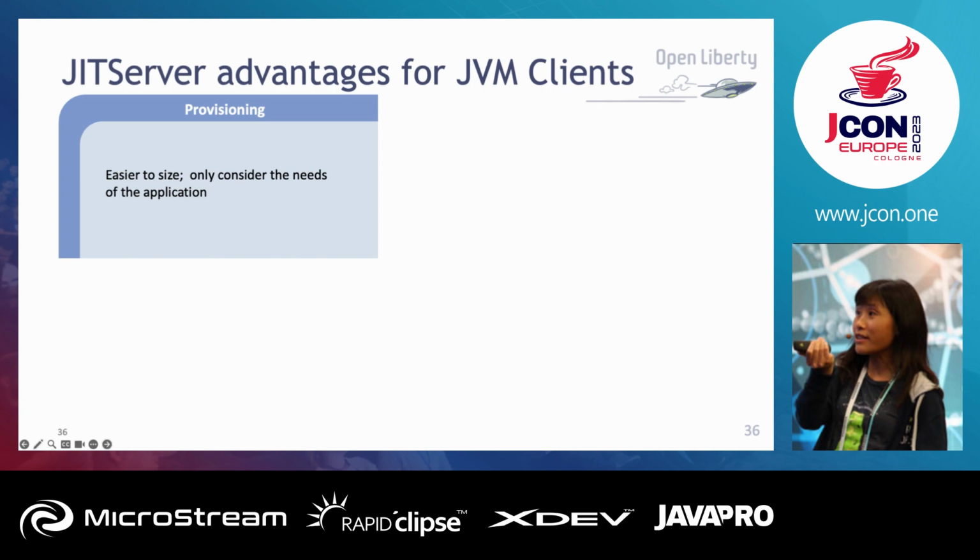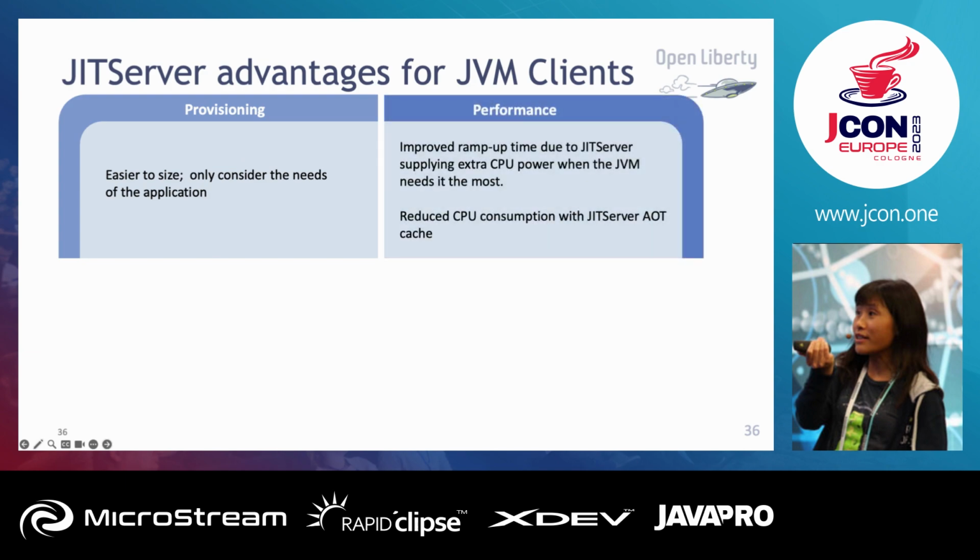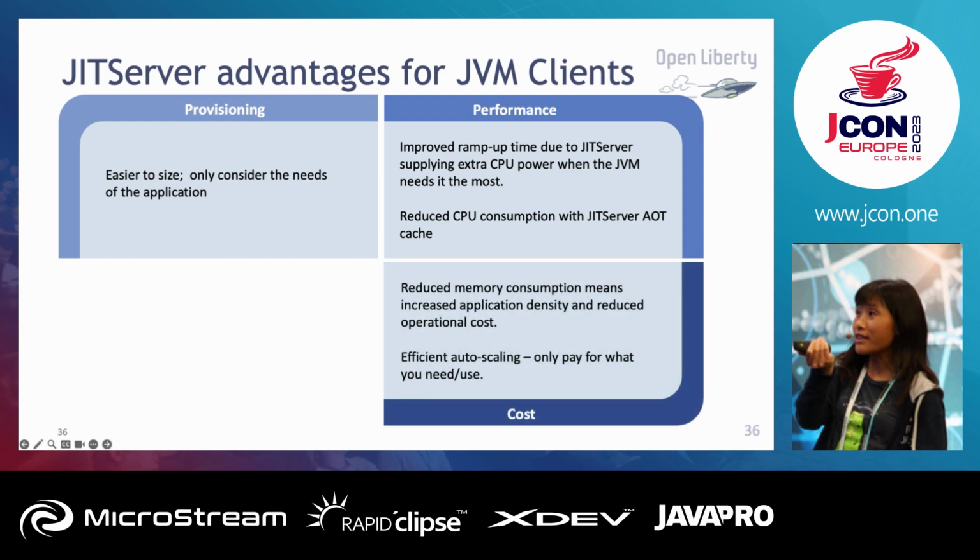So the advantage over the JVM client: first, it's easier to size. Your application container just does the application code, and a dedicated Docker container or other container does the compilation, which improves the ramp up time. The next is cost: you can use Kubernetes auto scaling to scale up or down.